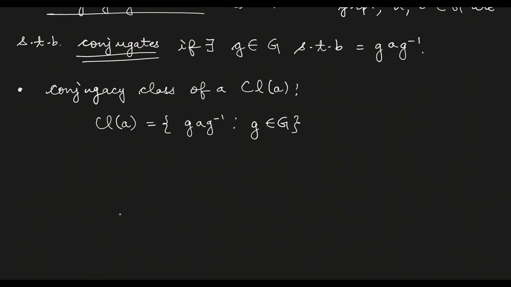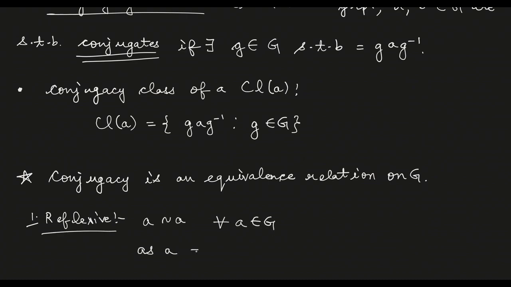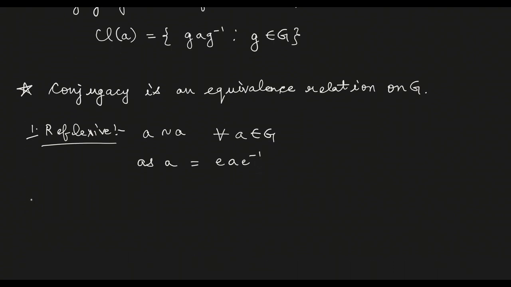Now conjugacy is an equivalence relation on G. How is it an equivalence relation? Let us check this. First is reflexive. A is related to A for all A belonging to G, as A is equal to eAe inverse. By this I will get A again. Second thing, symmetric.